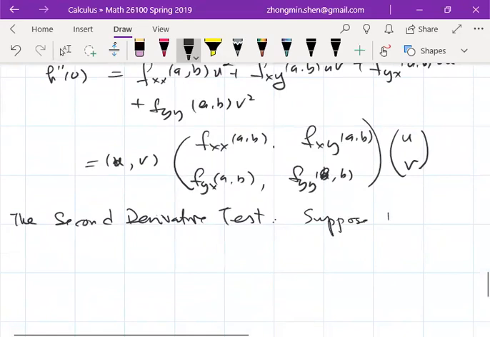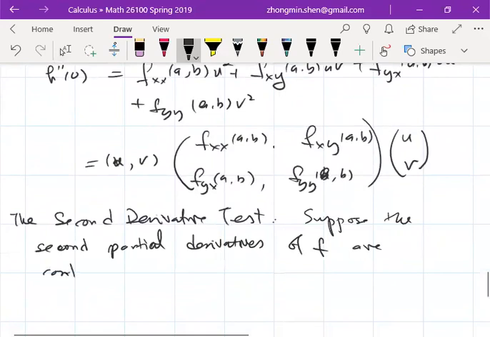Suppose the second partial derivatives of f are continuous, just say nearby the point (a, b).